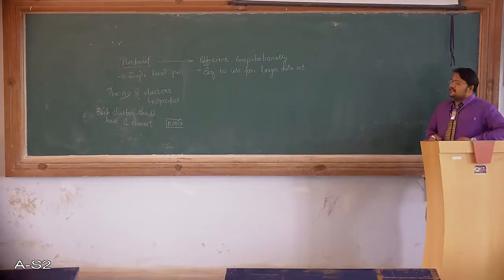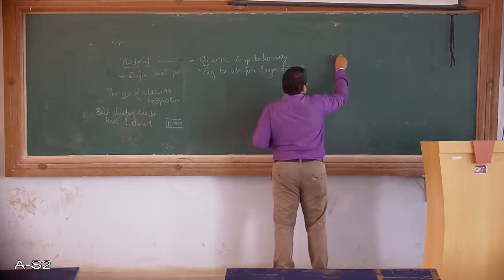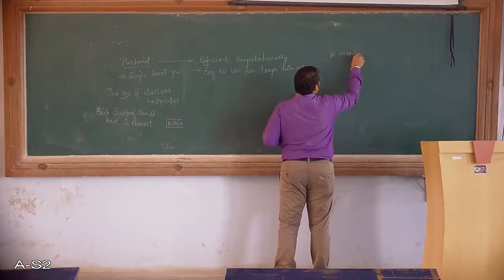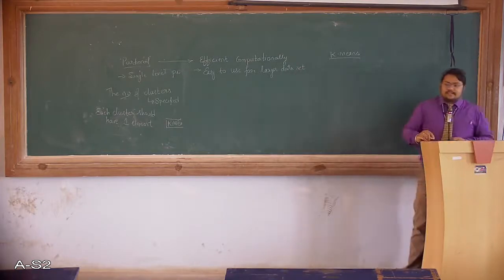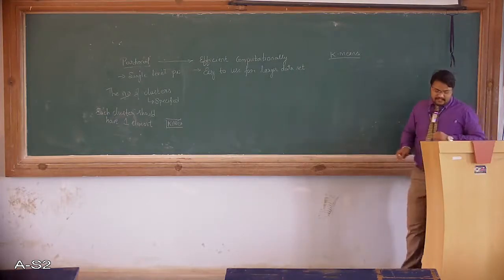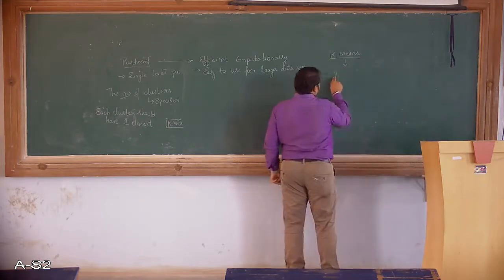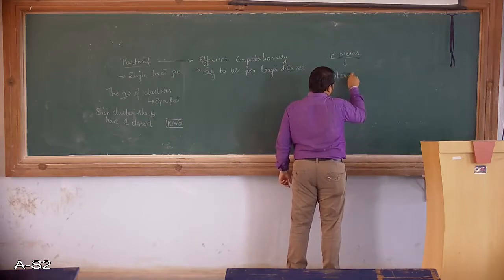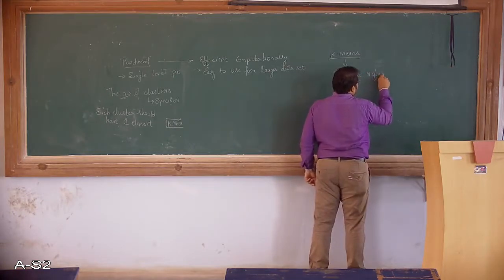So here the k-means method which we are taking up, so we are using this k-means method at the initial stage for the first explanation. So k-means method is refined in nature. It is an iterative refined method. We call this k-means an iterative refined method.